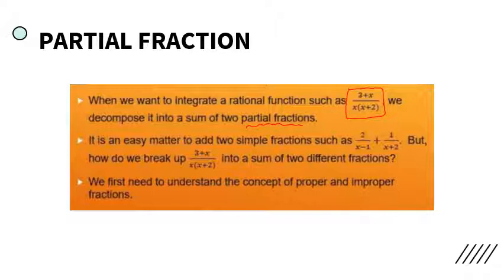But how do we break up (3 plus x) over x times (x plus 2) into a sum of these two simple fractions? We first need to understand the concept of proper and improper fractions.